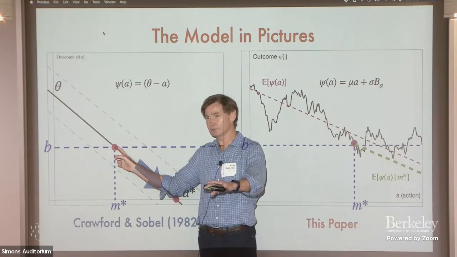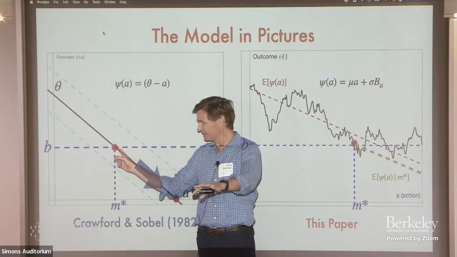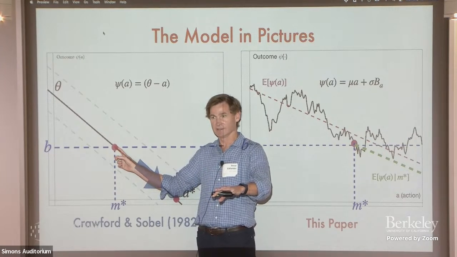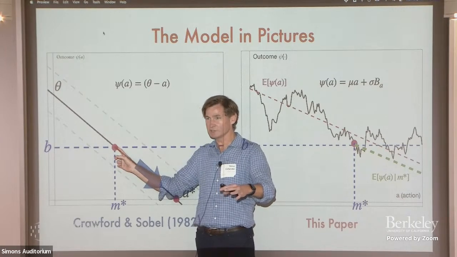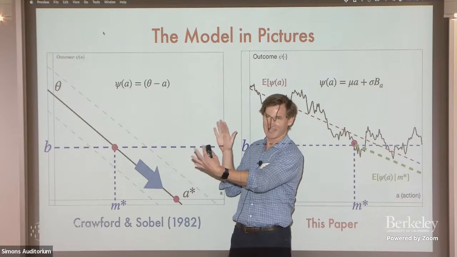And so the beauty of the Crawford-Sobel results, I mean, this is a fantastic result, is to say, given that invertibility, can we still communicate strategically? And the answer is perhaps surprisingly yes. All right, and what they show is you have to chop up the action space in equilibrium.